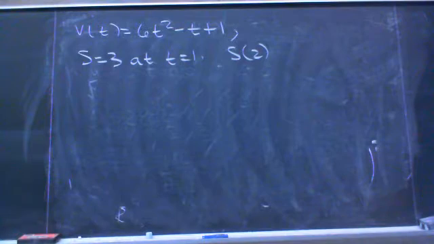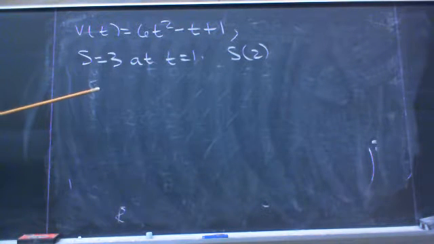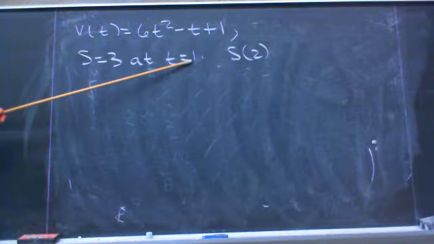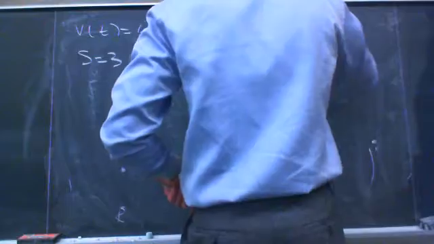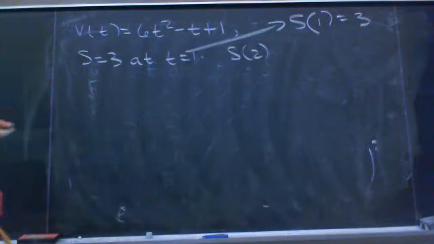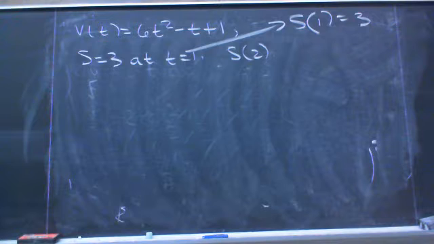So that means we've got to find the position function. When t equals 1, the position of the particle is 3. So this translates into a point, S at 1 equals 3. That's going to enable me to find the particular position function.